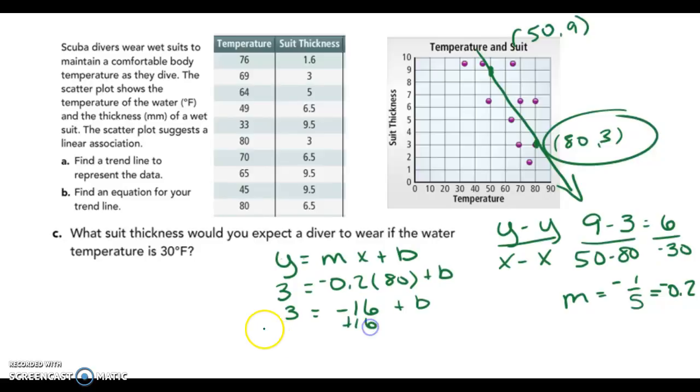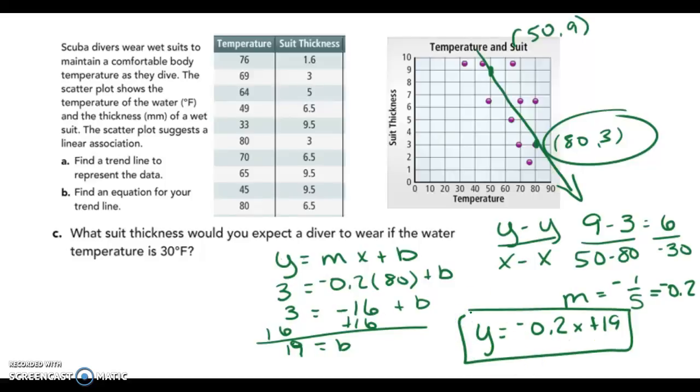I'm going to add 16 to both sides. I'm going to get 19 equals b. And I'm going to check real quick and make sure it makes sense. It does, because it would make sense that I would start up above 10. So my final equation is y equals negative 0.2x plus 19.